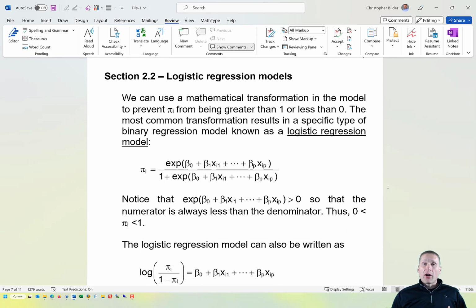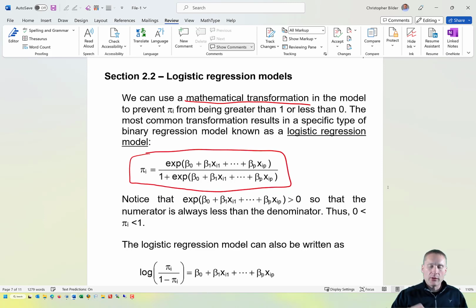Logistic regression models are a type of binary regression model. They are widely used. Basically, it's the exact same model that I just showed you, but now we use a mathematical transformation with pi sub i so that it guarantees that pi will always be between 0 and 1, no matter what the betas are, no matter what the x's are. Okay? Here's what we can do. This is a logistic regression model.